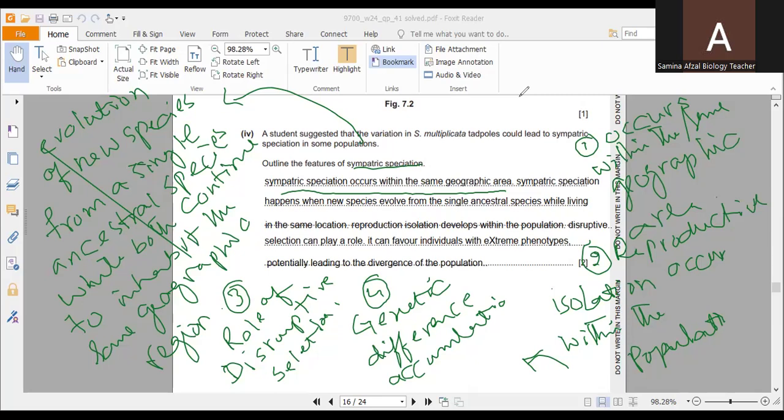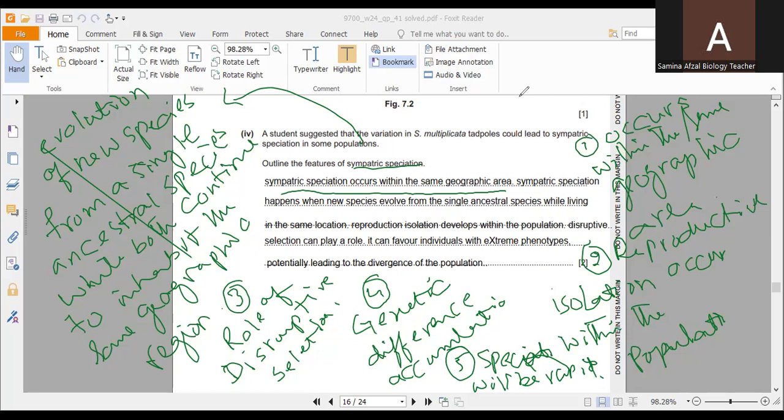One more I would like to mention: speciation will be rapid. So these are the different features. For example, the variations in the tadpoles, such as in intestine length, as previously discussed, could lead to sympatric speciation.